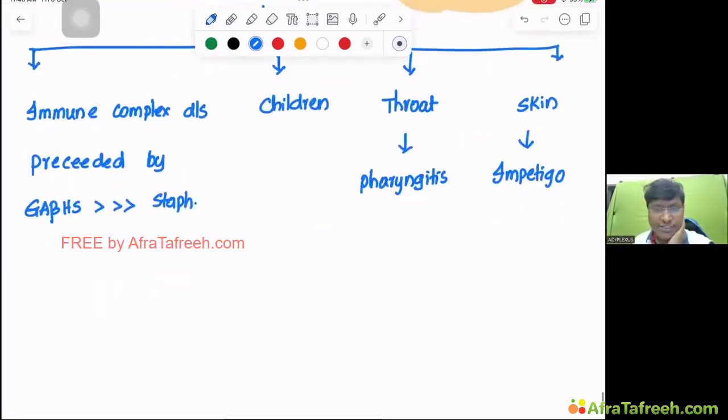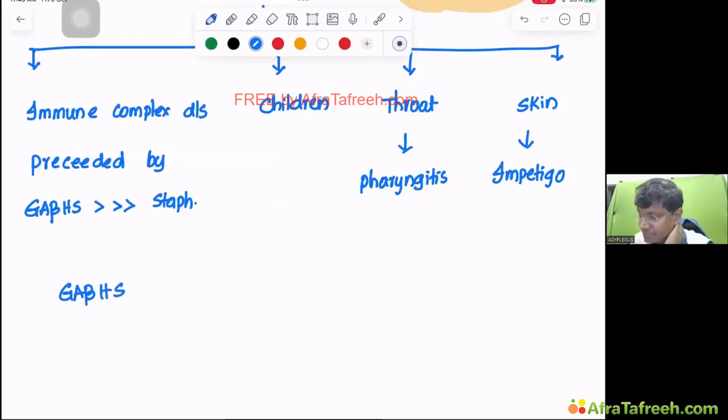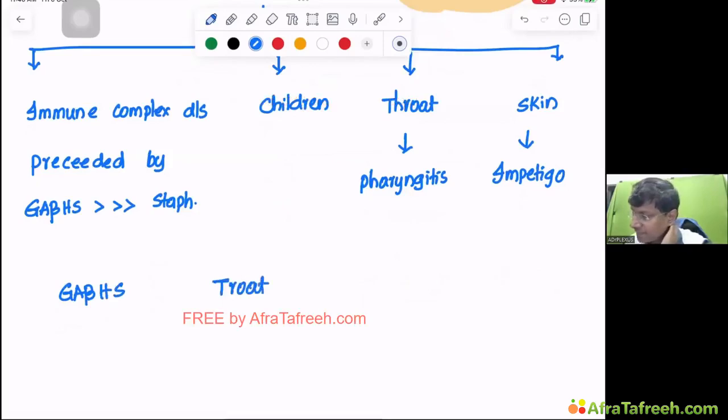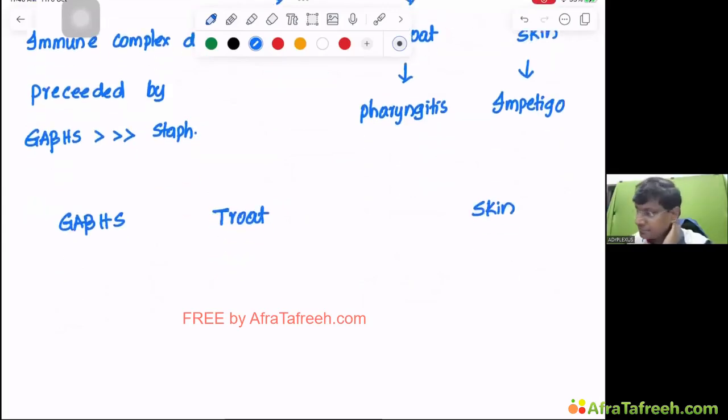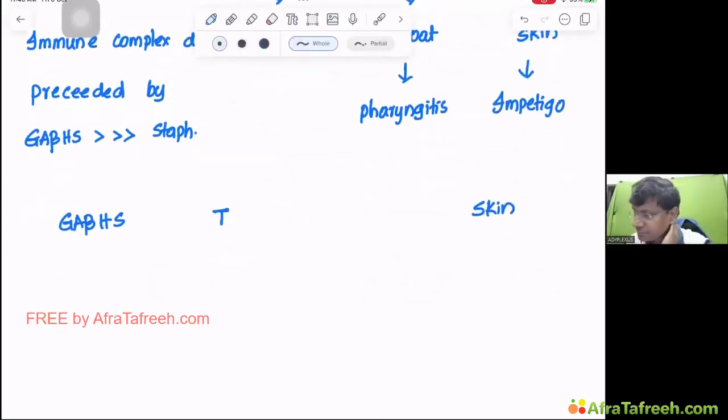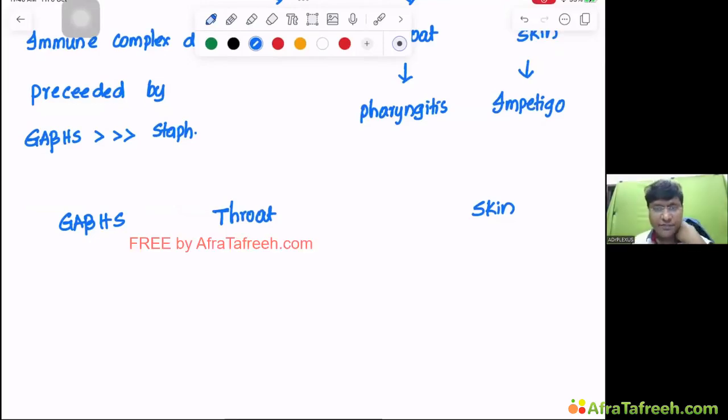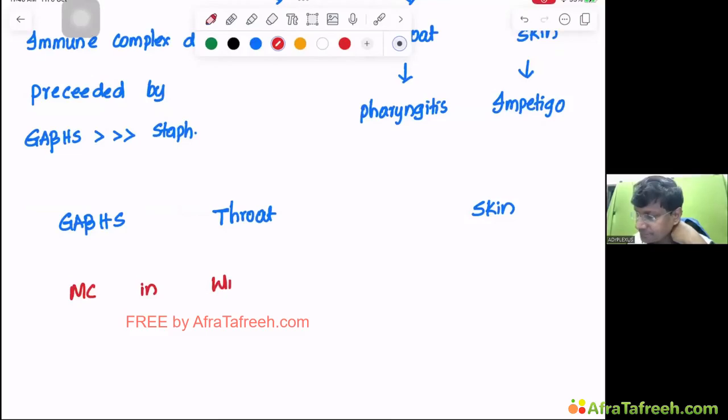Now, you take both of them, that is group A beta hemolytic streptococcal throat as well as the skin infection. The group A beta hemolytic streptococcal throat infection is more common in winter.